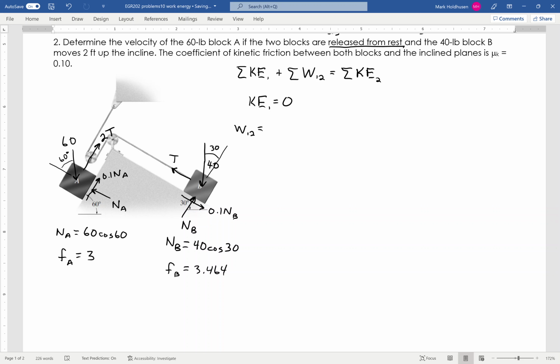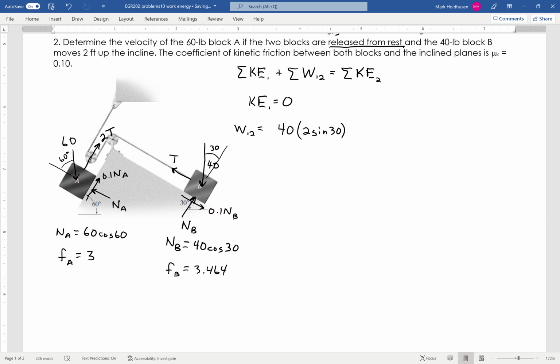So the first thing I'm going to think about doing is the weights, and this is the work due to gravity. So we'll start with the 40. It's acting straight down. Remember, B is moving up the incline 2 feet, so that's 2 sine of 30. And again, I only care about the direction of the force.